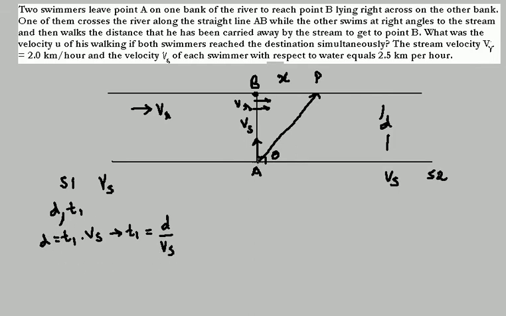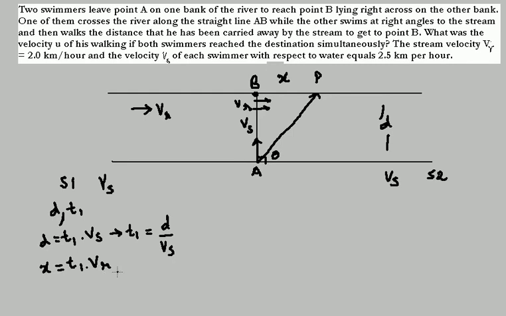The other component would be the person moved from A to P. This is a net displacement of x which is because of the velocity of the river. But it would be the same time, because the displacement across is still d in this case. So, x is equal to time t1 into Vr, since it's purely because of the river velocity and there is no horizontal component for the swimmer's velocity.